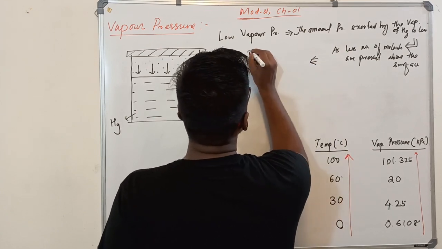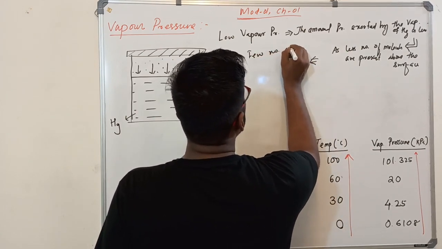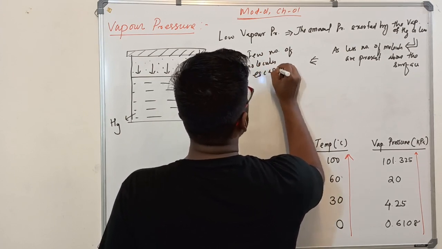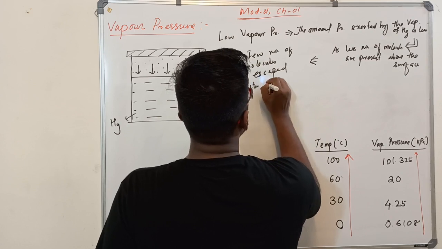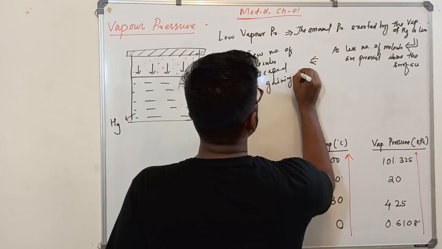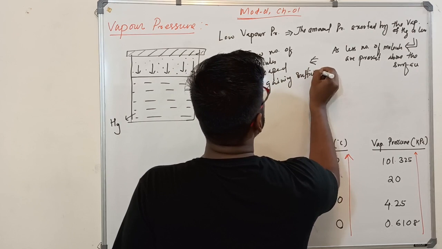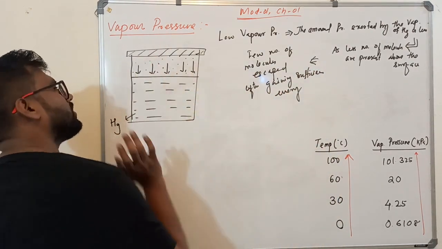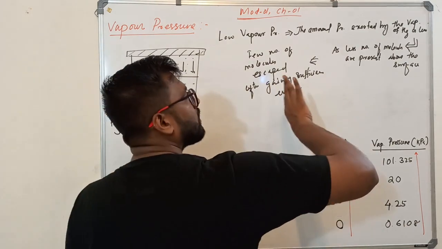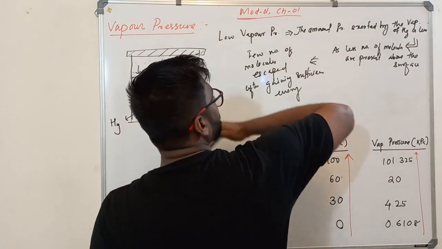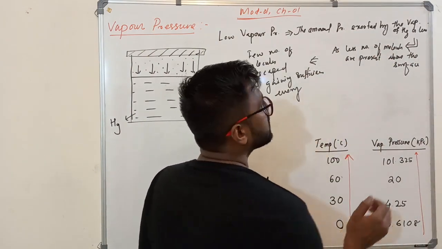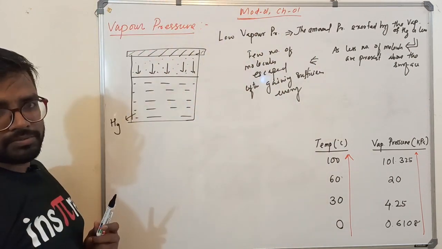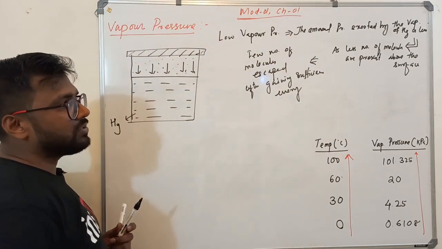Because only a few molecules escaped after gaining sufficient energy. That's why less number of molecules are present above the surface. Because less number of molecules are present above the surface, the amount of pressure exerted is less, hence it is low vapor pressure.